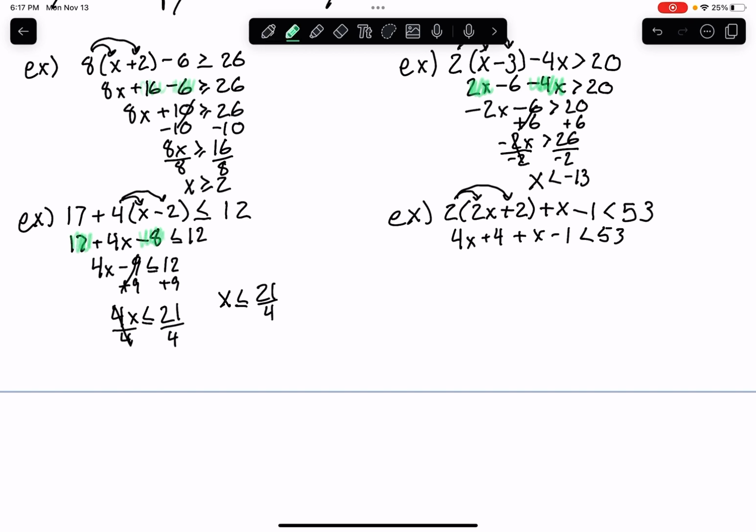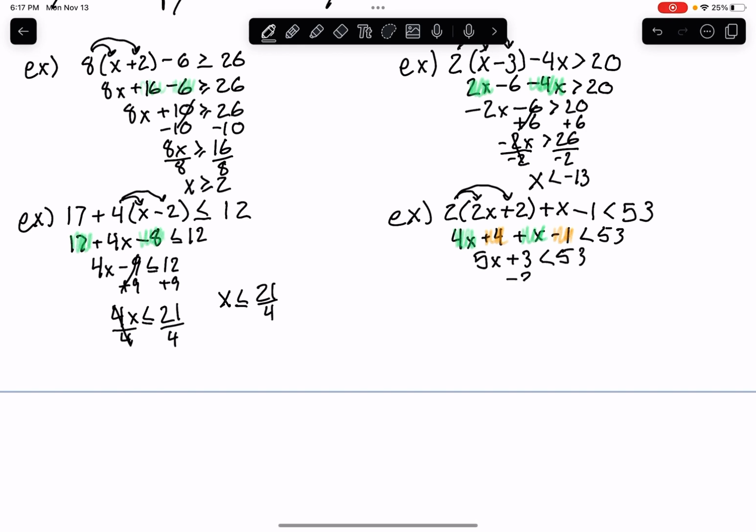All right, so let's take a look at our variable terms first. We've got 2 like terms. We got a 4x and an x. And then our other 2 like terms are going to be this plus 4 and minus 1. So 4x plus x will give us a 5x, and 4 minus 1 leaves us with a plus 3, less than 53.